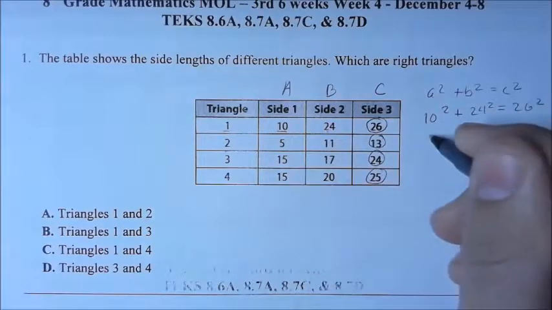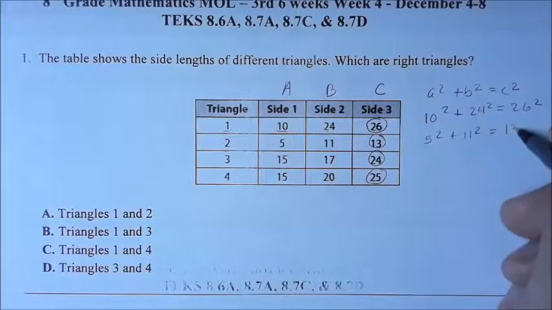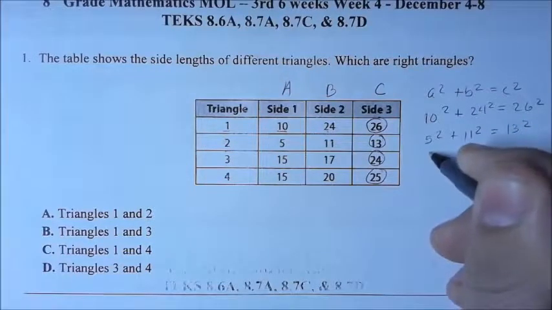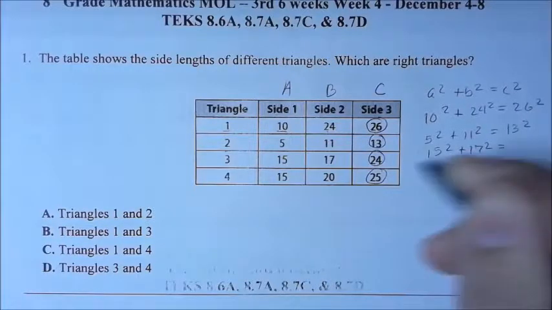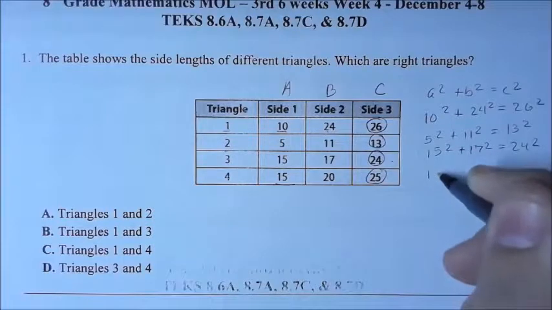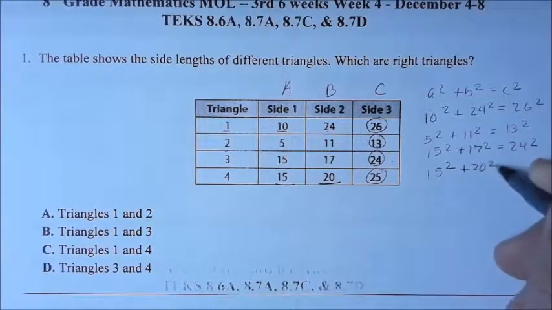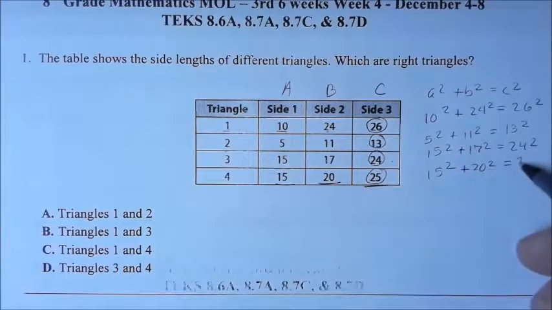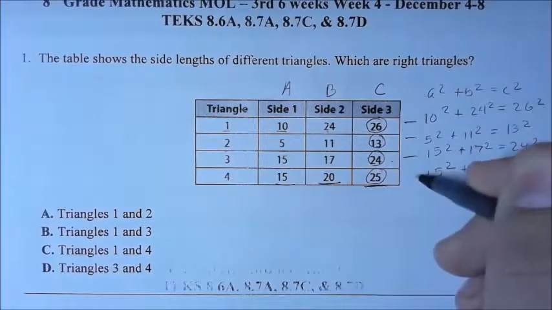So we have 5 squared plus 11 squared equals 13 squared. And then we have 15 squared plus 17 squared equals 24 squared. And we have 15 squared plus 20 squared equals 25 squared.